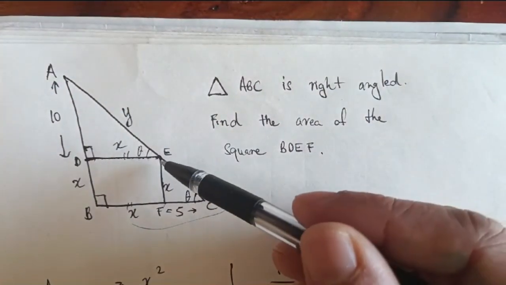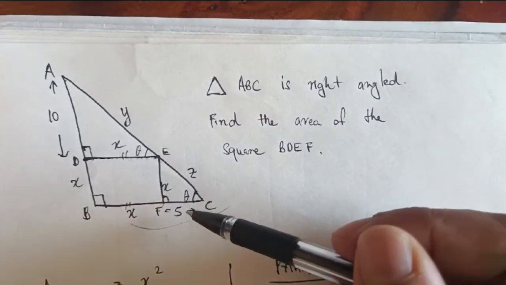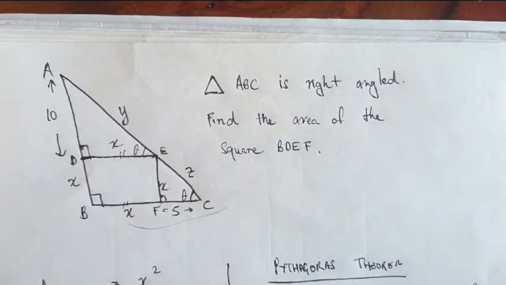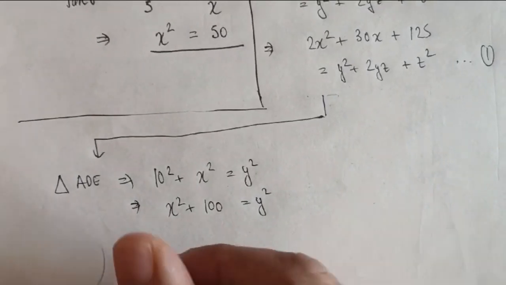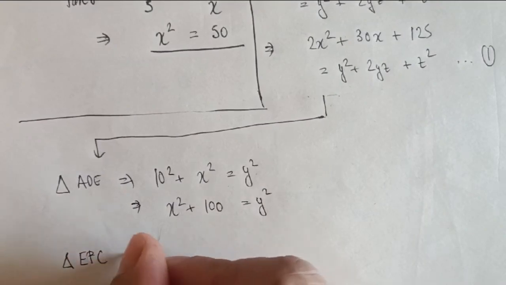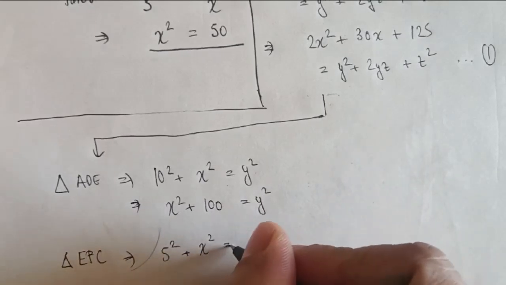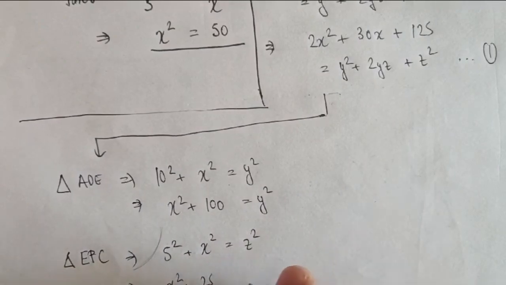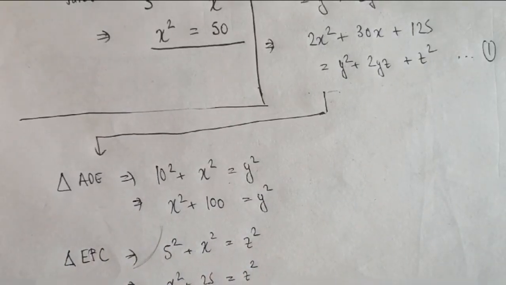Now how about this triangle, triangle EFC? Here we have the right angle here. So here 5 squared plus x squared will be equal to z squared, right? So in triangle EFC, 5 squared plus x squared is equal to z squared, which means x squared plus 25 is equal to z squared, right?